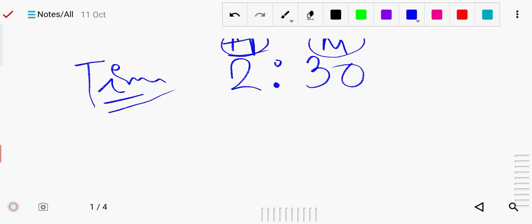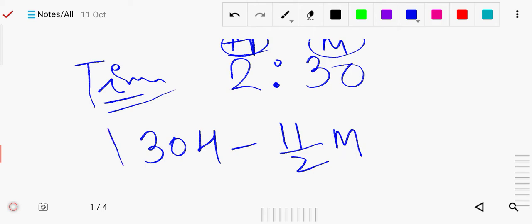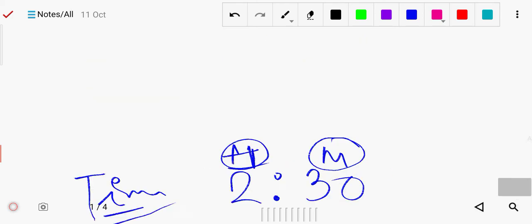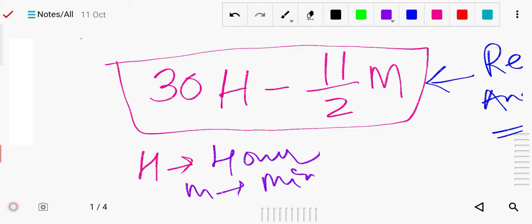Here h stands for hour and m stands for minutes. 30h minus 11 by 2m will give you the reflex angle between the two clock hands.